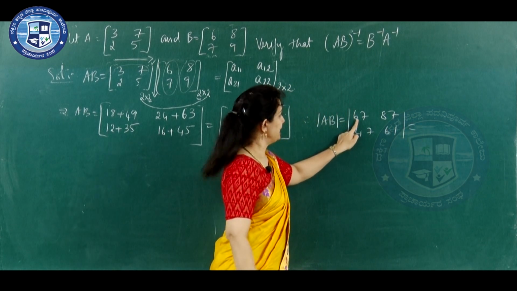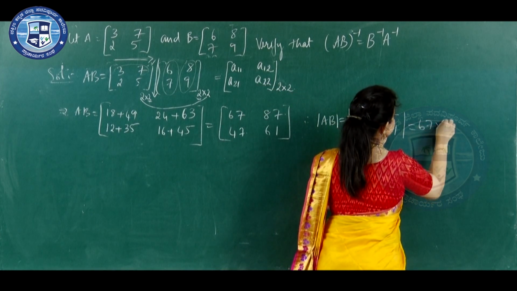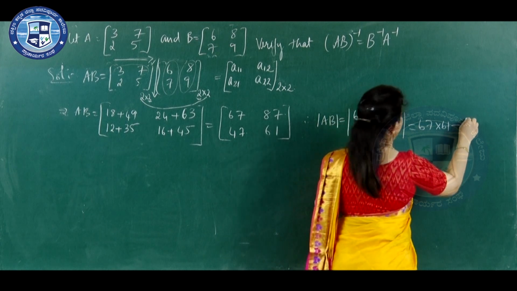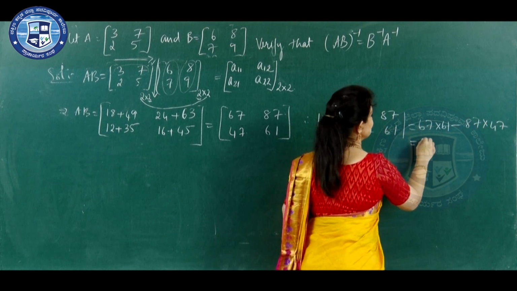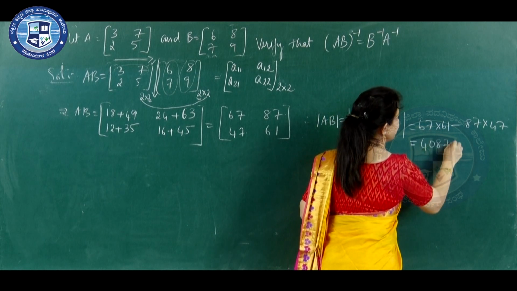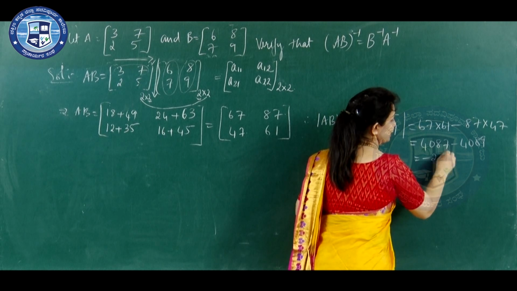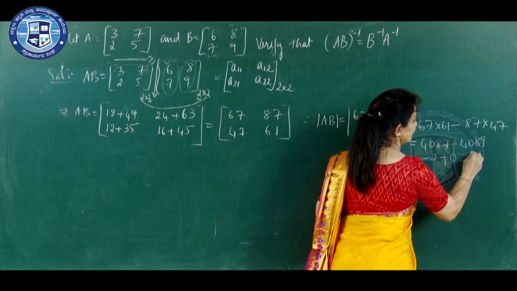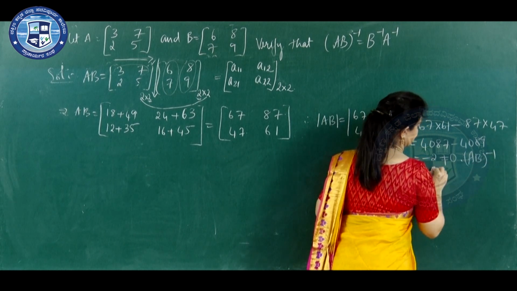Now, cross multiply: 67 into 61 minus 87 into 47. What do we get? 4087 minus 4089, which is equal to minus 2, which is not equal to 0. Therefore, the inverse of AB exists.